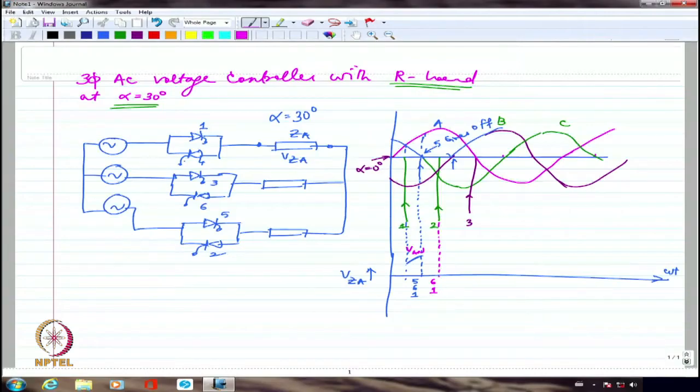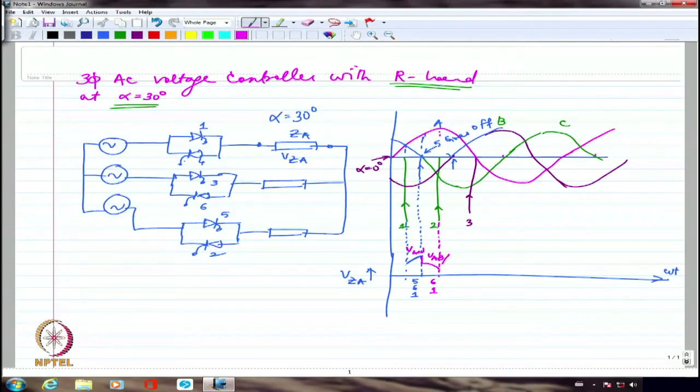Please note, if I try to look at VAB, VAB is going to be actually 30 degrees ahead of VA. So it would have almost reached peak even earlier. So it would have been coming down slightly. So I have to look at what is the difference, but this is going to be VAB by 2.